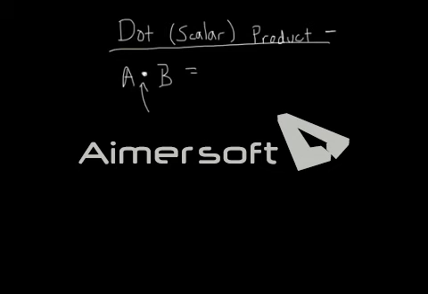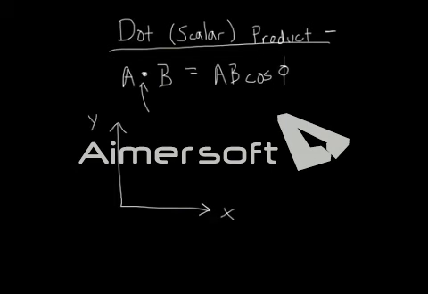A dot B is equal to A times B times cosine of phi, where phi is the angle between A and B. So what does that look like? Say I have two vectors. Here's my x direction, here's my y direction. I have my vector A, I have my vector B.